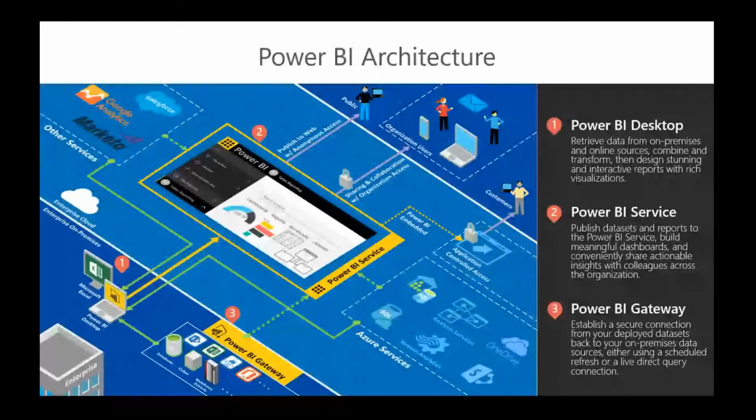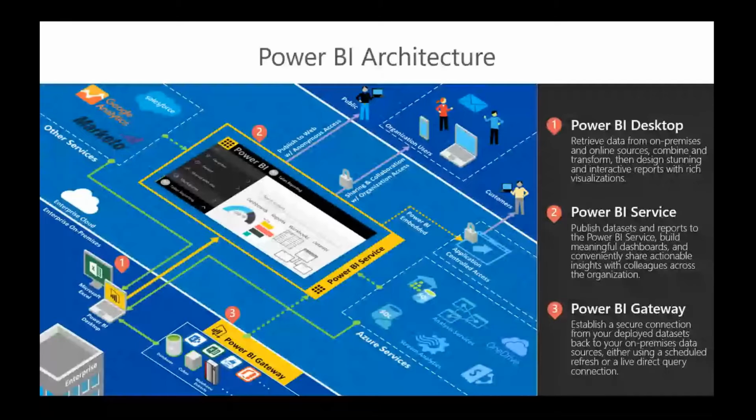Okay, so in this picture, we're up to step number 2, where we've published our report to the Power BI service and started sharing with our customers or organizational users. But the goal is to keep this information fresh. So Power BI does have the ability to set up a scheduled refresh, where you can define a schedule that the Power BI service will go to those various data sources that you've pulled the information in from, and get the latest data.